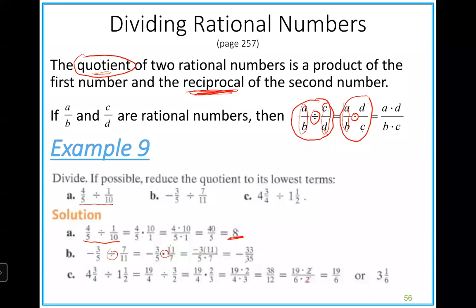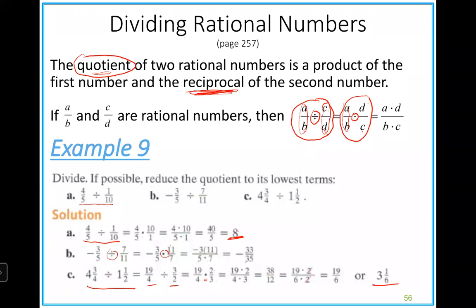And then the last one, you have 2 mixed numbers. So you're going to have to change them to improper fractions first. Once you finish doing your improper fractions, then you're going to do the inversion. So you're going to change to multiplication and then multiply by 2 over 3. So you do your multiplication, cancel out.